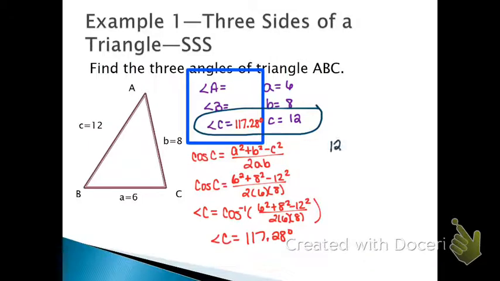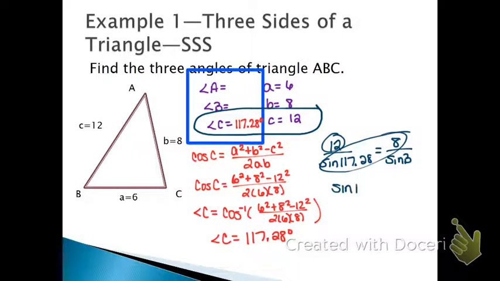Alright, so we can say that 12 over sine of 117.28 equals, what angle are we after, B? So 8 over sine of angle B. Remember, cross multiply and divide. So sine of angle B is equal to 8 sine of 117.28 degrees divided by 12.